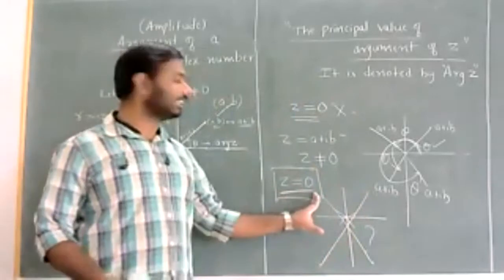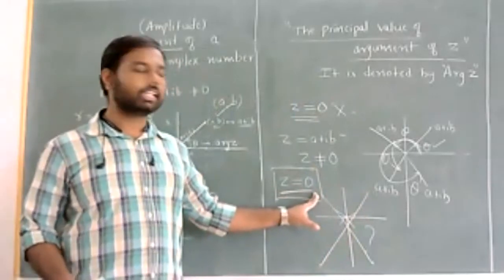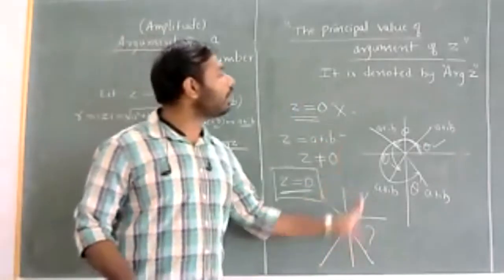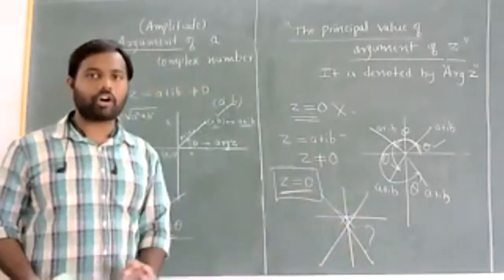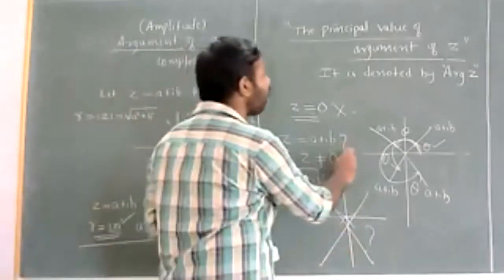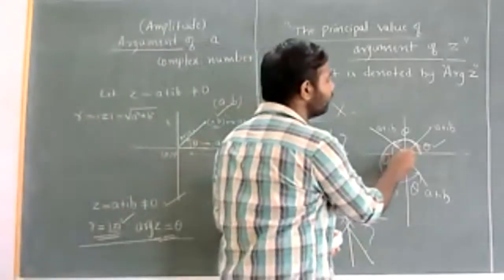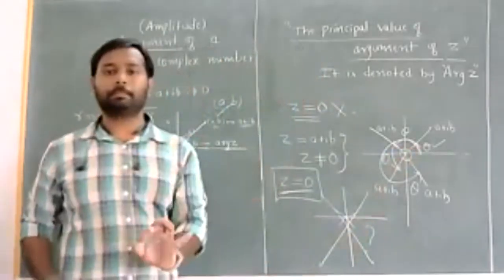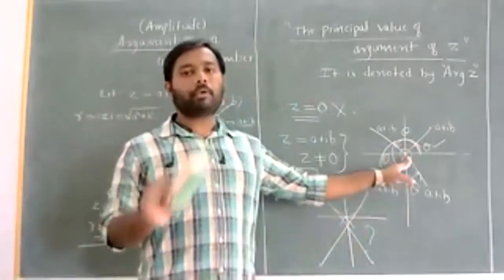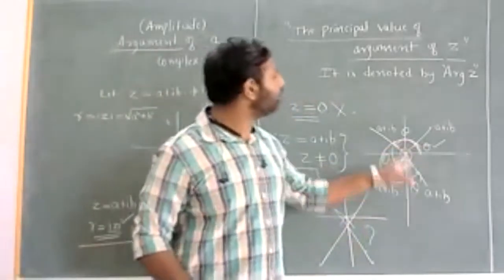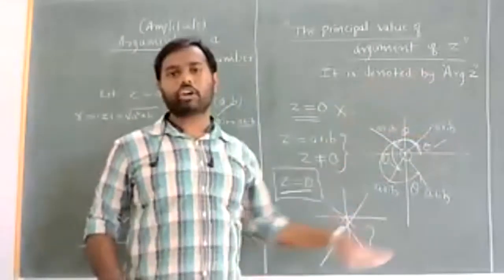So for the zero complex number, we will not define argument of z, because in defining argument of z for non-zero complex numbers, we have taken the origin as a fixed pole. It is a fixed point of reference. From this point, we draw lines to all the complex numbers.